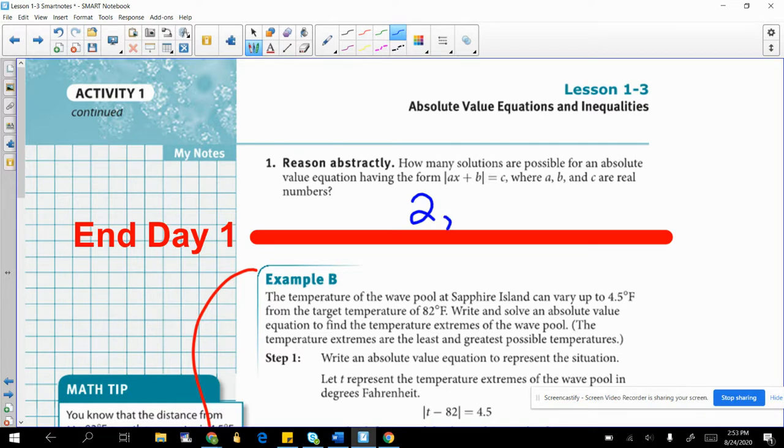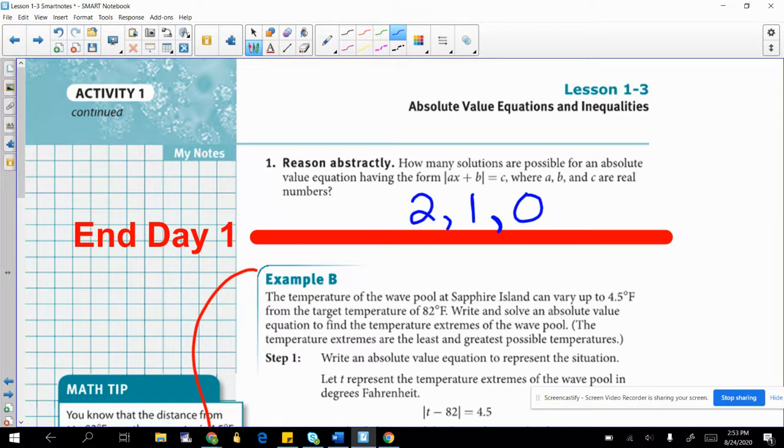Then we also saw example C, where we only got 1 solution because when we isolated the absolute value, it was set equal to 0. But then that last example, we also realized we could have 0 solutions.